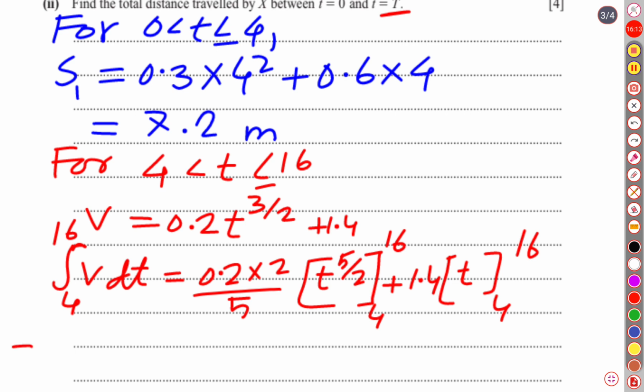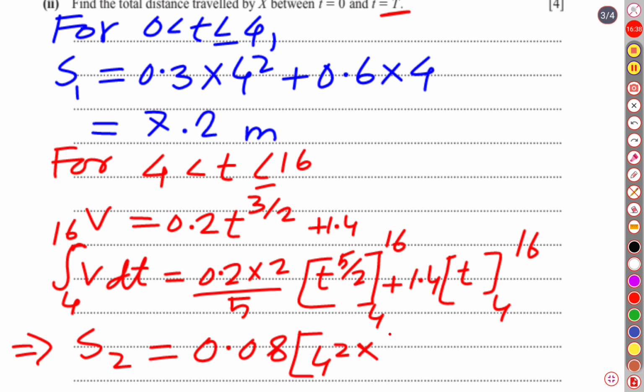Let us write s2, the second phase, and 2 twos are 4. If we divide 4 by 5, it is 0.8, so 0.08. And the upper limit is 16. 16 can be written as 4 squared, so 4 squared to the power 5 over 2.